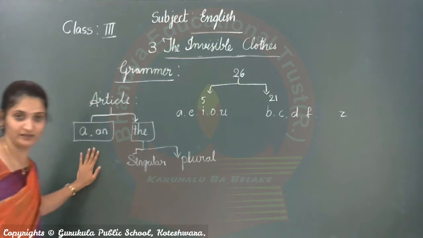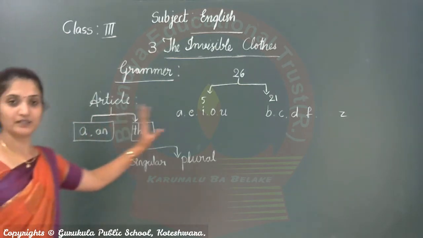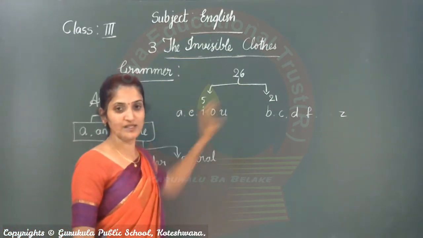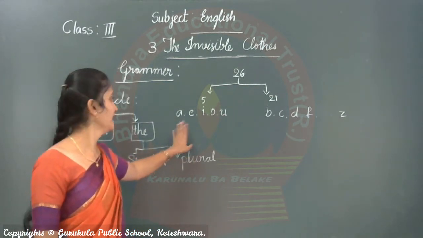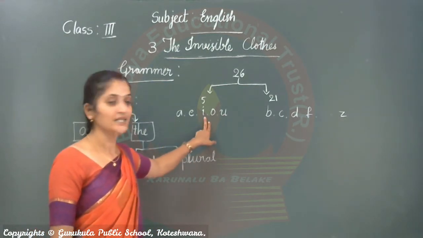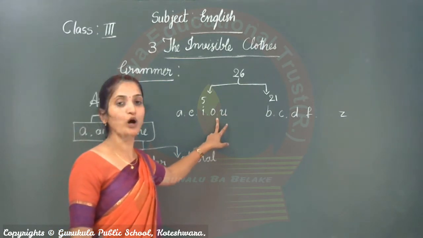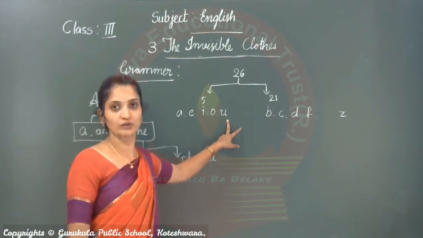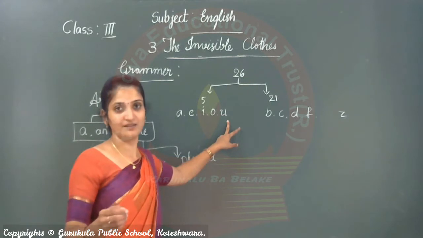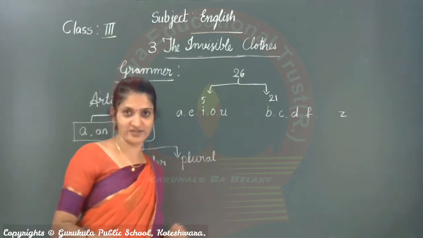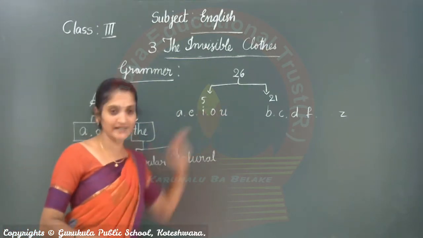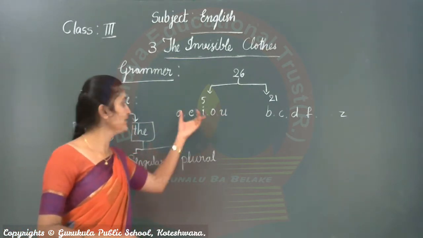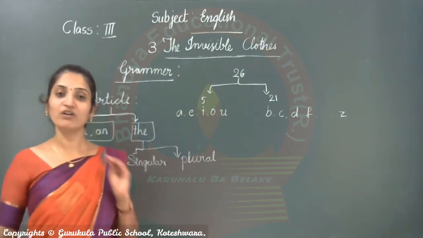In here, see, these are the vowel sounds: A, E, I, O, U. Which sounds start from these letters? These vowel letters we are calling vowel sounds.